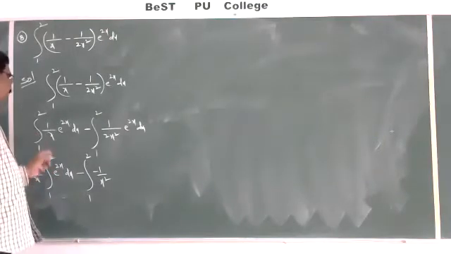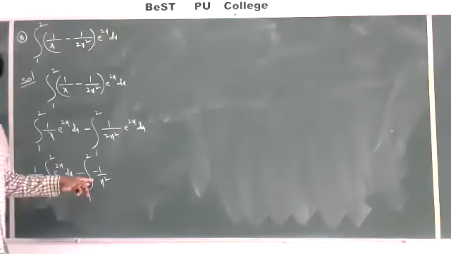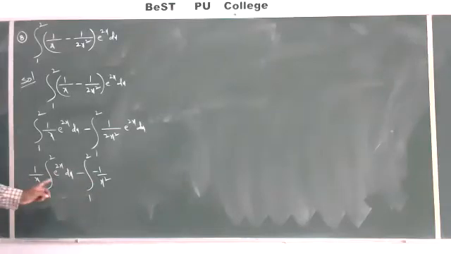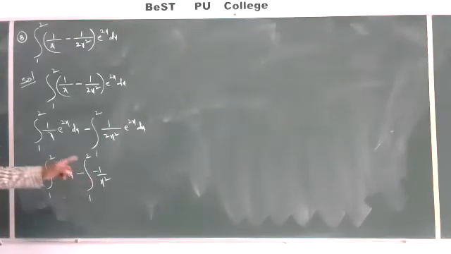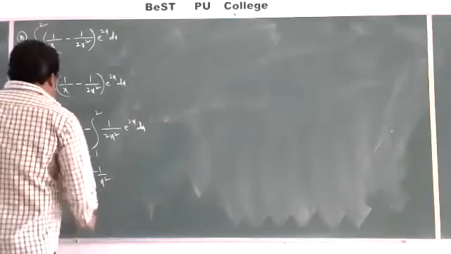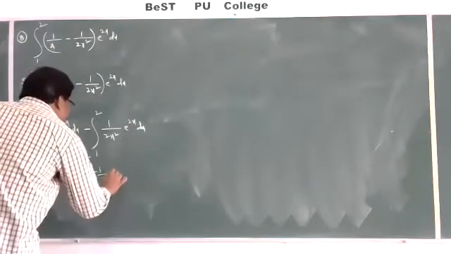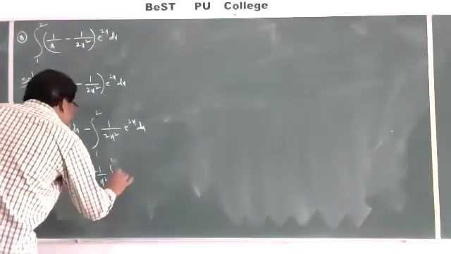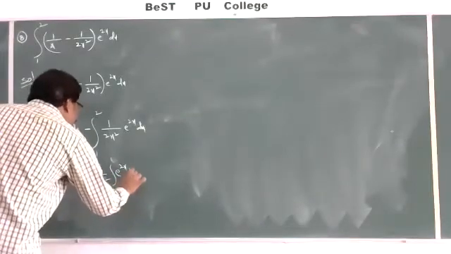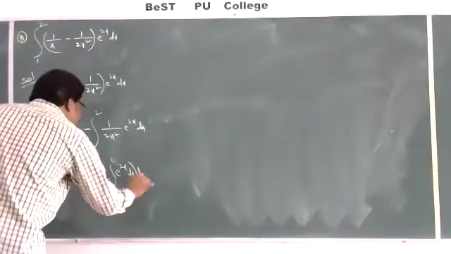The integration by parts formula: first function into integration of second function minus integral of derivative of first function into integration of second function. The derivative of 1 by x is minus 1 by x square, into the integration of e power 2x dx for the whole.